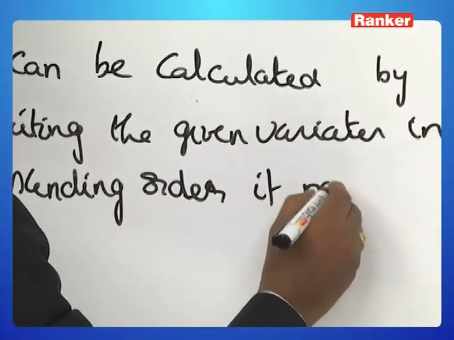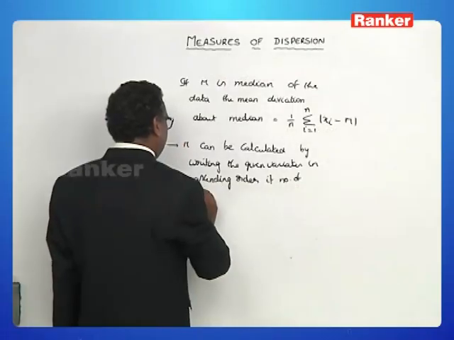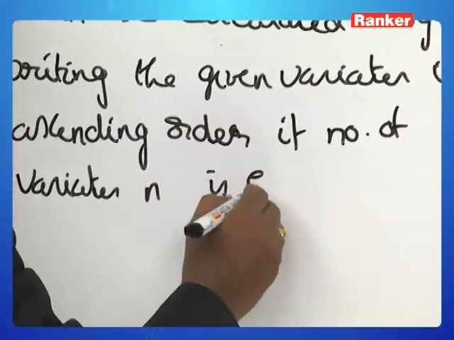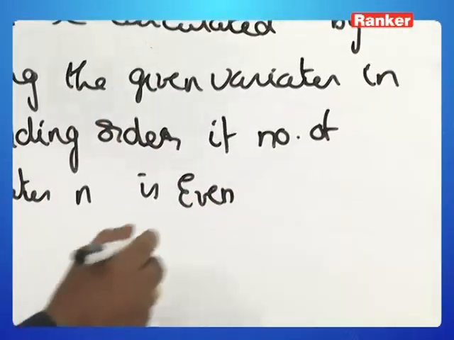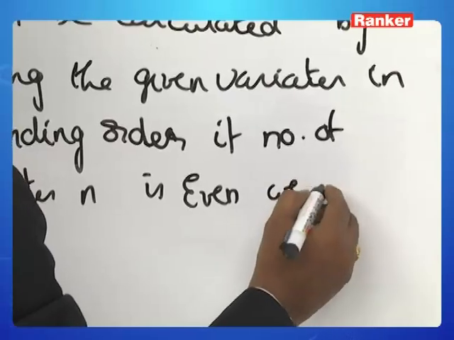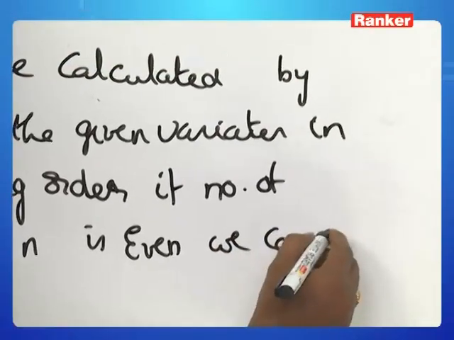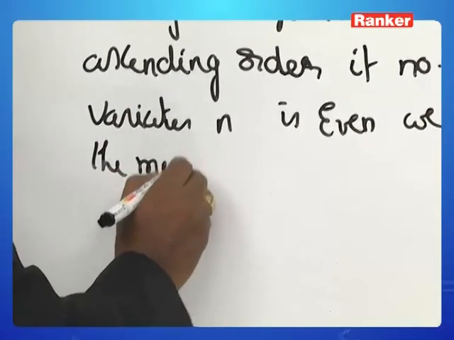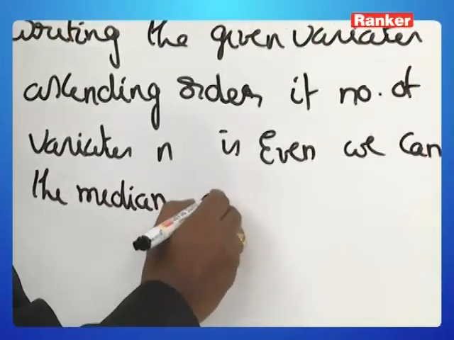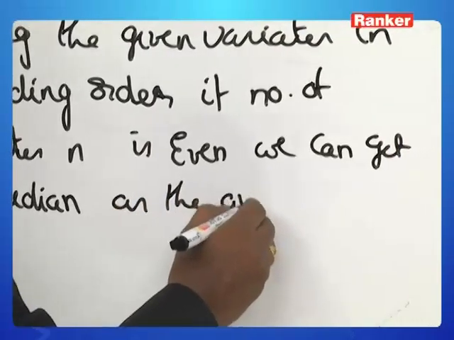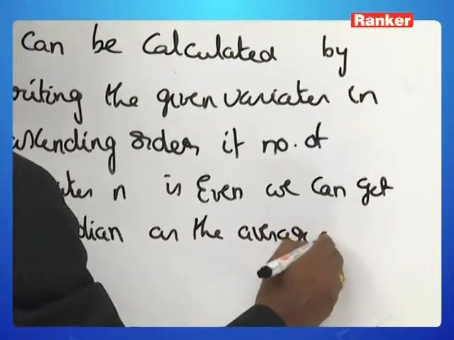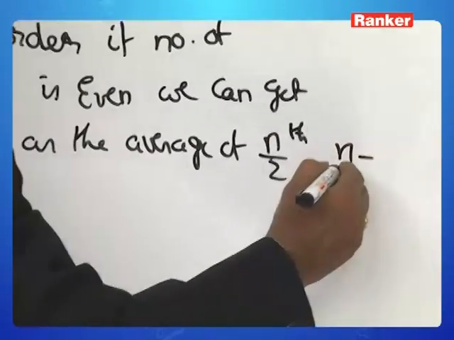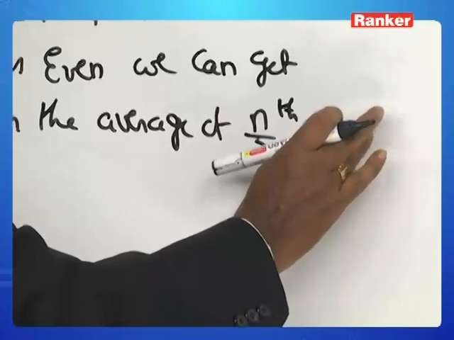In ascending order, if the number of variates n is even, we can get the median as the average of n by 2th and n by 2 plus 1th observation.